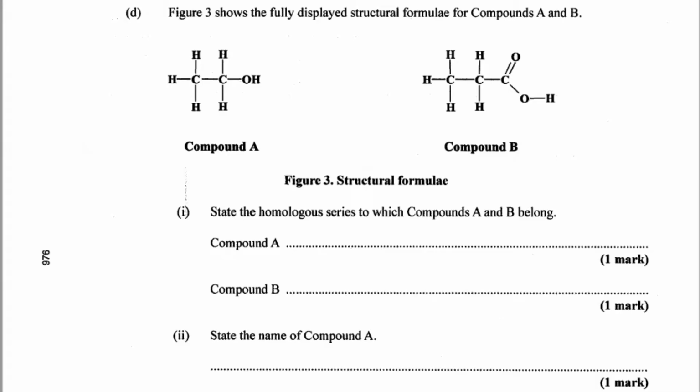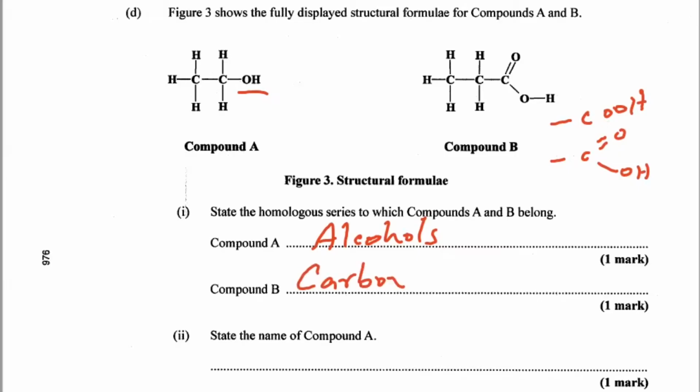So whenever we see OH, we know that we're talking about the alcohols. So compound A would belong to the alcohols, and compound B, whenever we see COOH, it means we're talking about our carboxylic acid, or what we call our alkanoic acids.